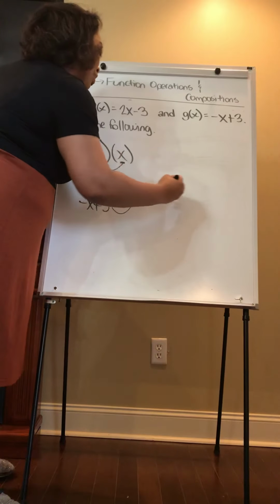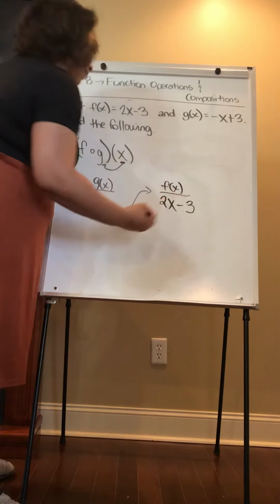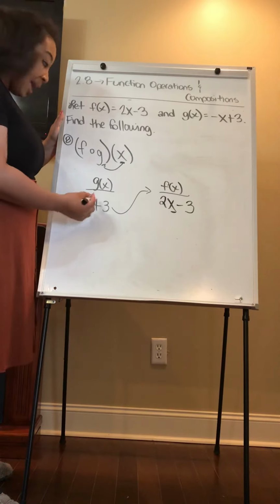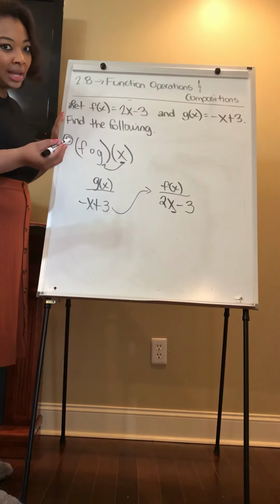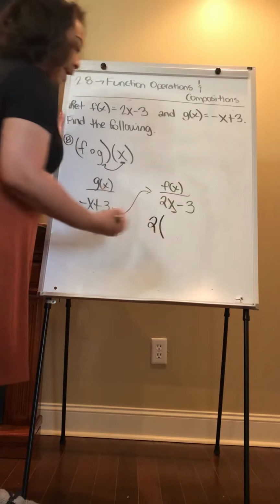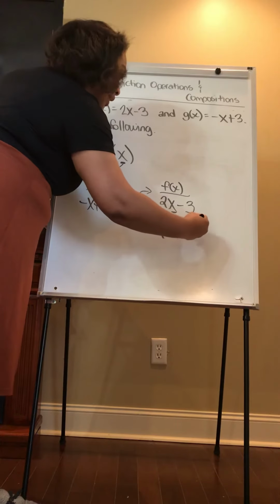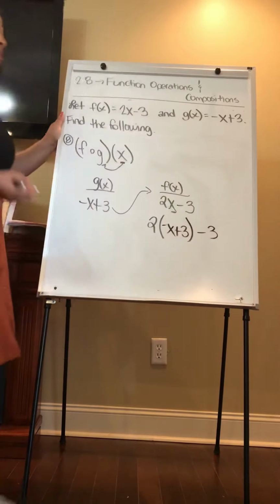Well, f's function is 2x minus 3. So where x is, you're going to plug that function. So I would put it in parentheses. Everything I plug in, I put in parentheses. So you got 2, there's x. So you're going to stick that function, negative x plus 3, in the place of x. Then bring down the minus 3.